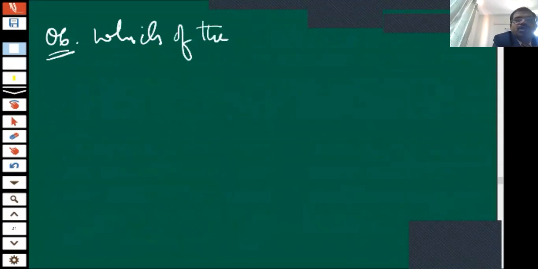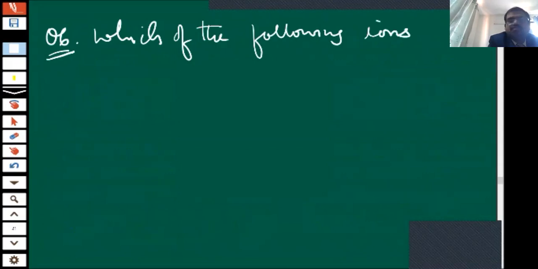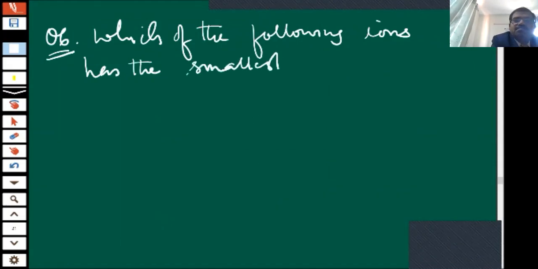Question number 6. Which one of the following ions has the smallest radius?